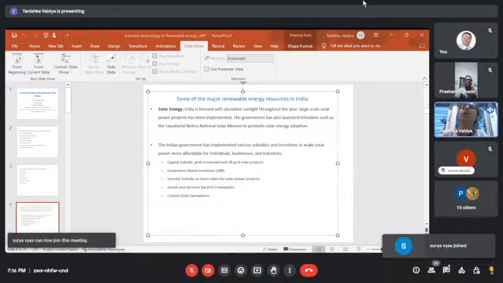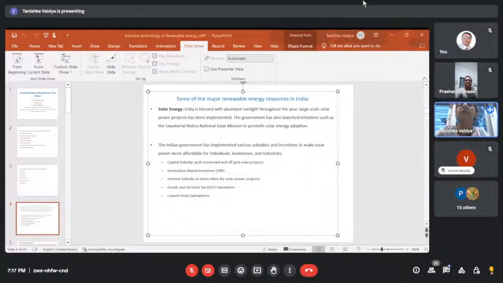But there are again two types of systems which we can use, that is off grid and on grid. Off grid is where we use solar panels and get the output. And on grid, we can generate and sell it to the government. Metering will be there and it will save the light bill. There are good facilities, subsidies and incentives given by the government for this power generation, like capital subsidy.